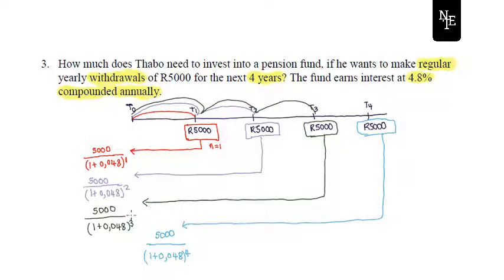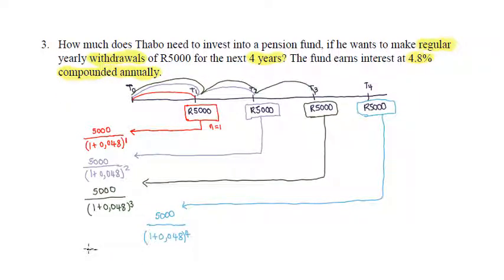Same thing for this green one and this blue one. So all of these fractions accumulate up to 5,000 Rand, which is the 5,000 Rand that has to be in the account so that it's possible for him to withdraw it.